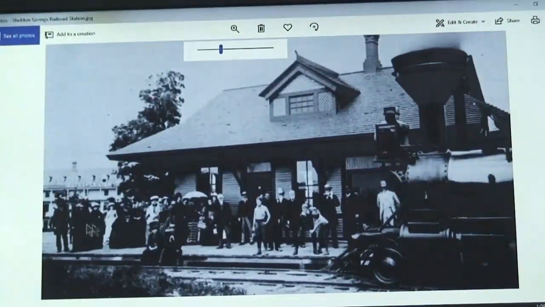But once they arrived, they would cross over what was then Main Street and go through a small park promenade, crossing over into this luxurious hotel.